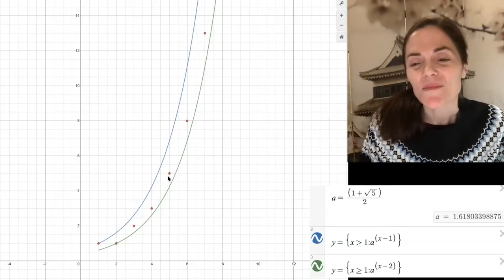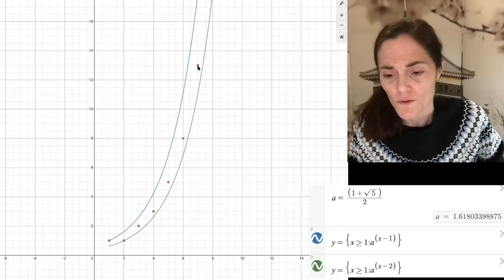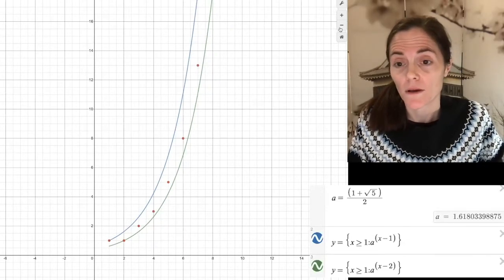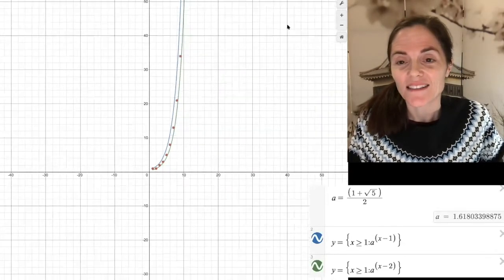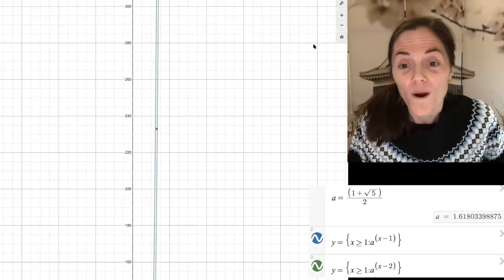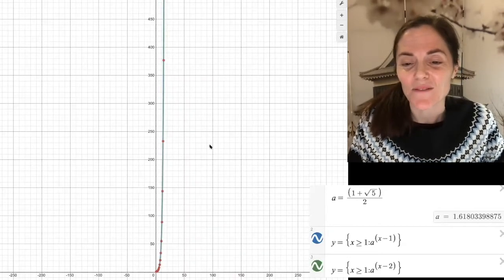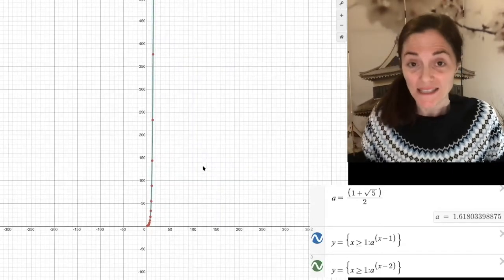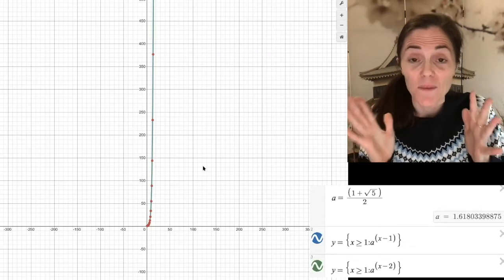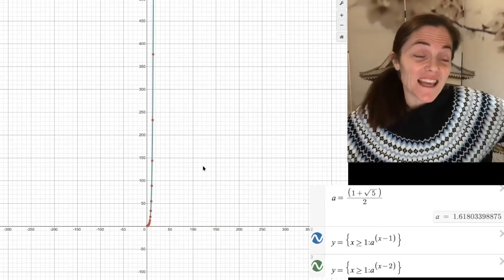It's interesting to see graphically, and this doesn't just hold for the first 7 or so. I could zoom out and go up, and we see this holding more. But what you can see graphically is the combination of these two statements, that the Fibonacci numbers sit between phi to the n minus 1 and phi to the n minus 2.